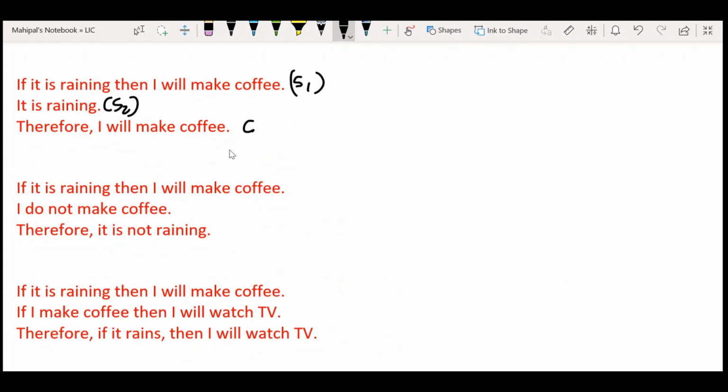So now we need to verify the proposition: S1 is true, S2 is true. Given that S1 and S2 are true, what can you say about the truth value of the conclusion? Let's read the statements first, and then we will check whether this particular conclusion is valid or not.